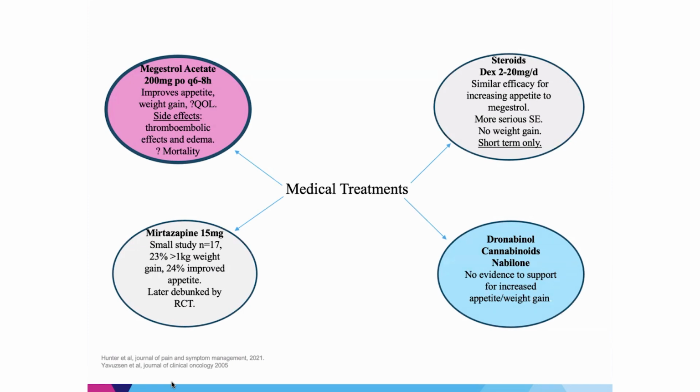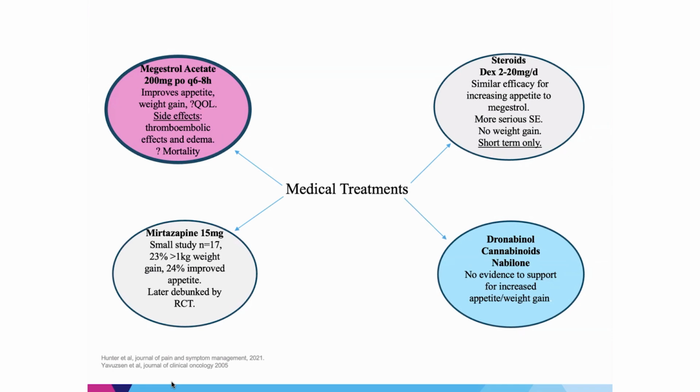Steroids can be effective in someone who has a limited prognosis, or if you're going to use them in the short term. But obviously we know if you give steroids long term, they have a lot of side effects that often can cause delirium and other issues as well. So in general, they're only a short-term solution, and often in people that have a limited prognosis.